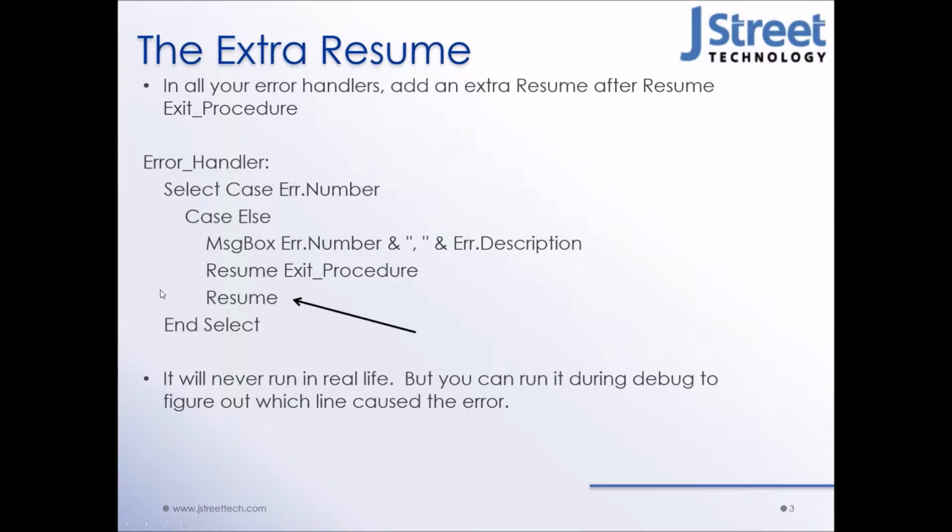All you do is drag that yellow arrow down to the resume, which is basically saying set the current line to the resume, and you're circumventing what's really going to happen, and you're going to retry the line of code which is way up higher in your procedure. It might be a couple hundred lines up there, and you're going to find that line highlighted. It's going to try it again. Of course, it's going to error again, but now you at least know which line caused the problem. Does that make sense? Yep.